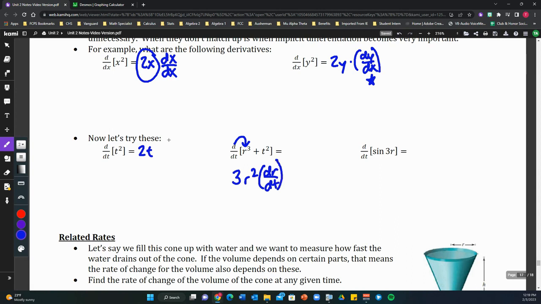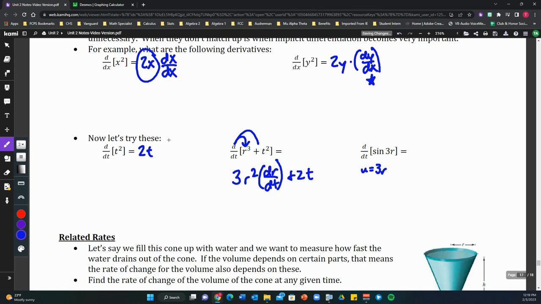So we just have to get comfortable with seeing these quantities without the y and x in there and some other kind of variable. And then for the second one, t squared with respect to t still would just be 2t. Or if I tried to take the derivative of sine of 3r, this would be a chain rule. We've got an argument of 3r.